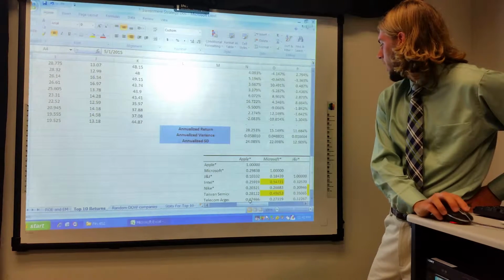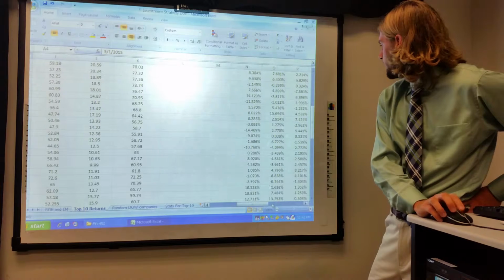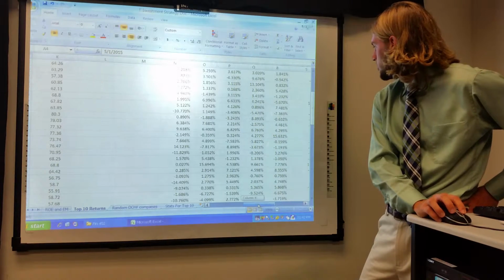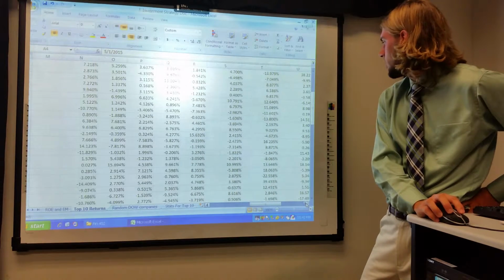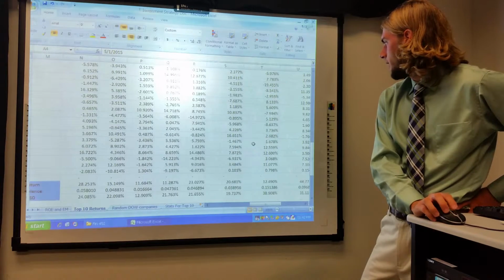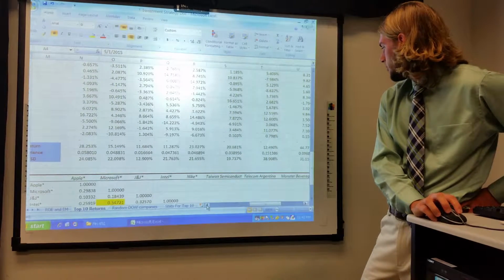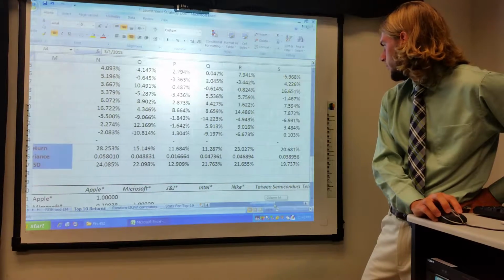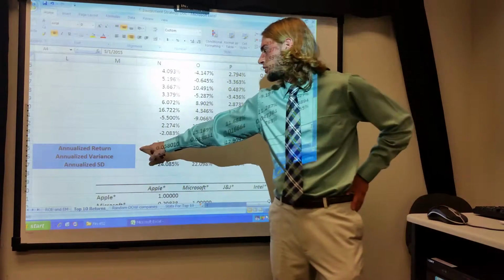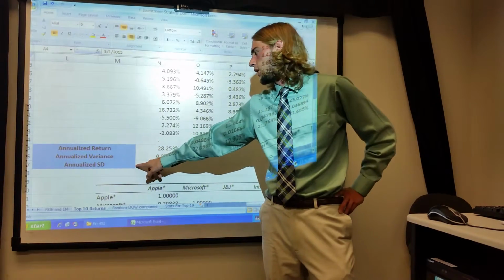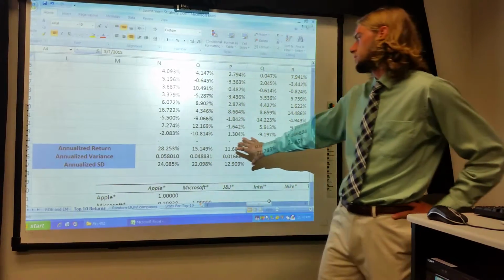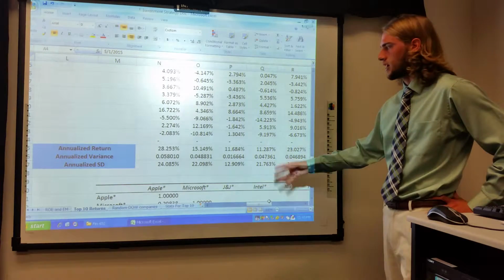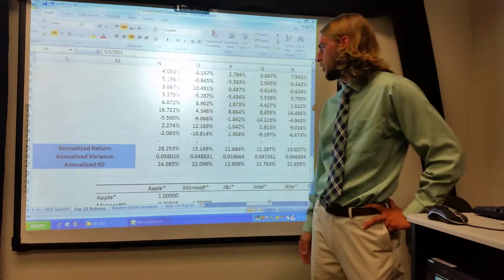Over here, I have the monthly percentage changes over this period. And then down here at the bottom, let me get zoomed in so you can see it, I have the annualized return, the annualized variance, and the annualized standard deviation of each of the 10 stocks over the period, so I can get an idea of how risky they are.